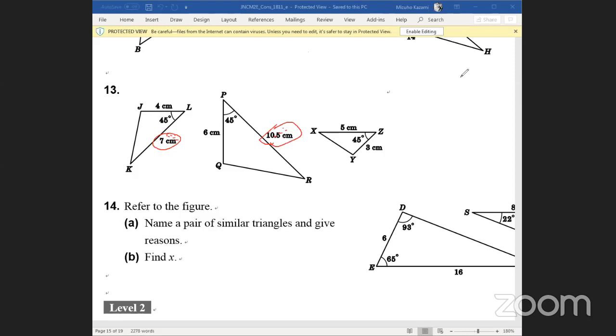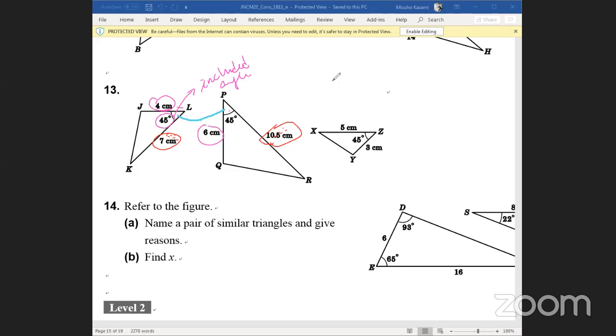And then another pair will be these two, right? And then this angle is inside these two sides. It is included. Therefore, this angle is called the included angle.